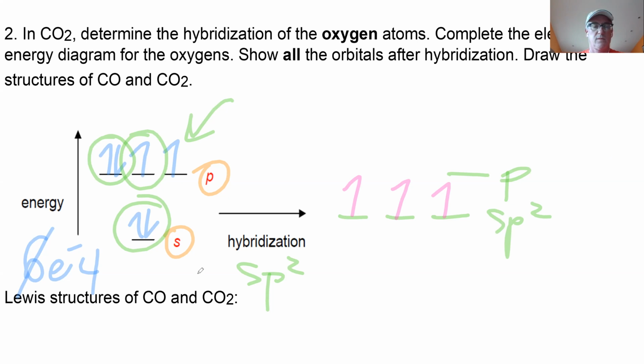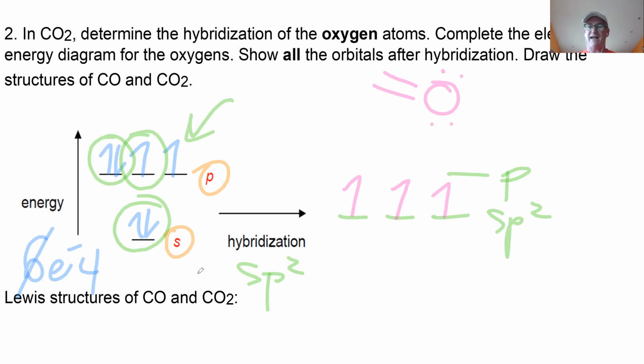Professor, if we're using the same rules as before, don't we fill in all of sp2 before we move on to P? Well, remember, we have 3 regions of electron density, and how many bonds is oxygen going to make? So remember, oxygen looks like this.